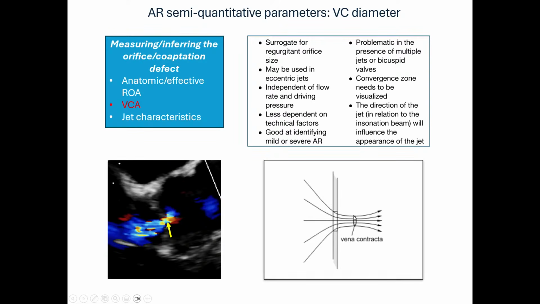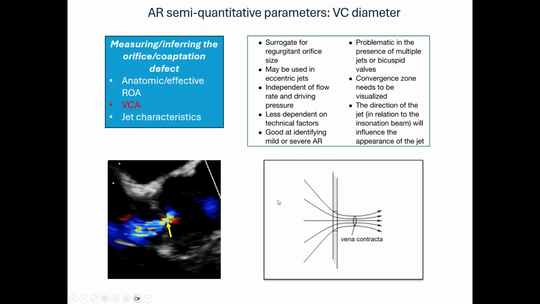The end result is that the effective orifice area and the vena contracta are actually a tiny bit smaller than the anatomical area. So when we measure this on CT or MRI, it is actually larger than what you'll have here.